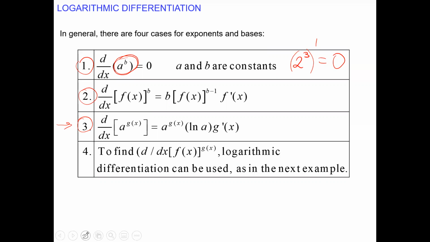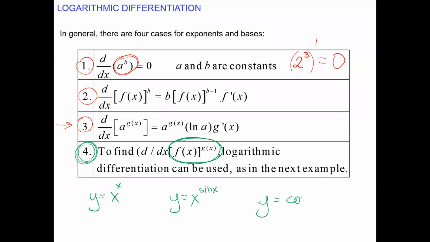But we may also see a little bit different creature, a function taken to the power of another function. Like for instance, x to the power of x, or maybe x to the power of sine of x, or maybe cosine of x to the power of 2 to the x. Of course, those are crazy functions.